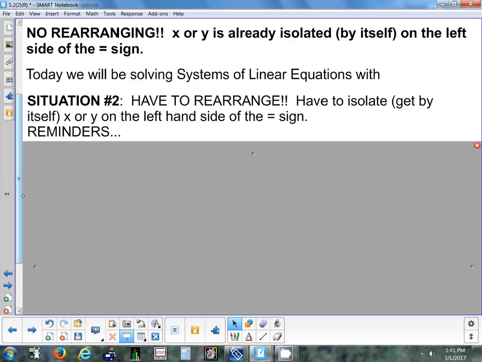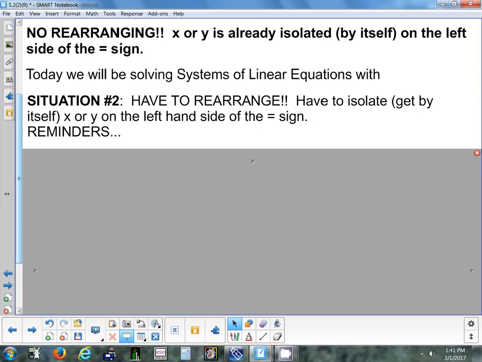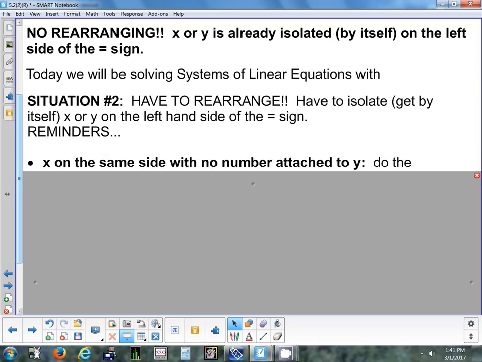Here's a couple of reminders, and we covered these when we did our warm-up today. The first problem we did in the warm-up, we had to get y by itself, was just like this. We have x on the same side as y, but there's no number attached to the y.